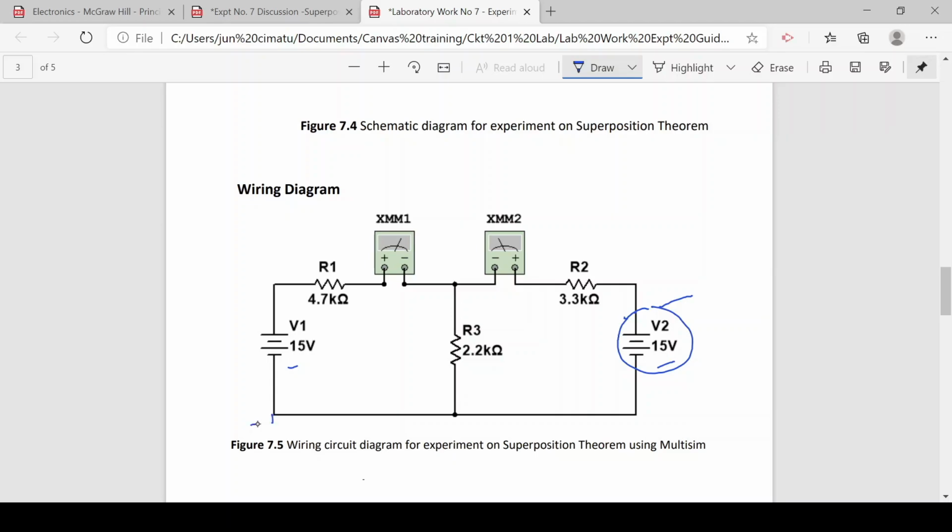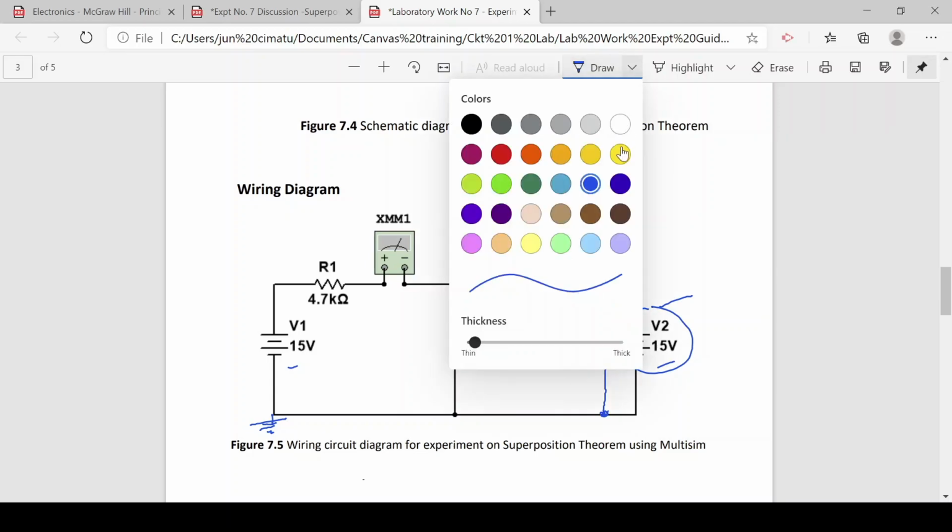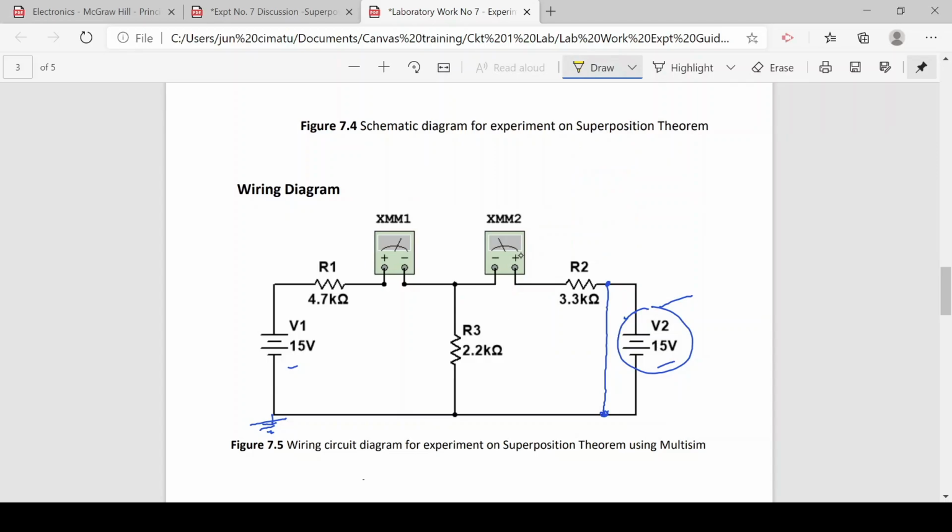By the way, you have to ground this. Remove B2 and then connect the terminal from where B2 was removed to complete the circuit. And since we have only one source, B1, we have to change the polarity of this ammeter.